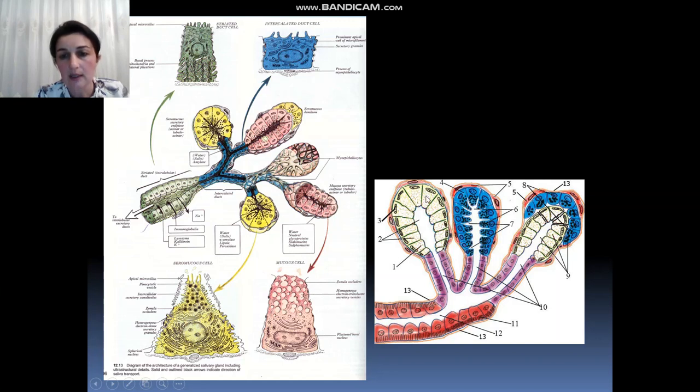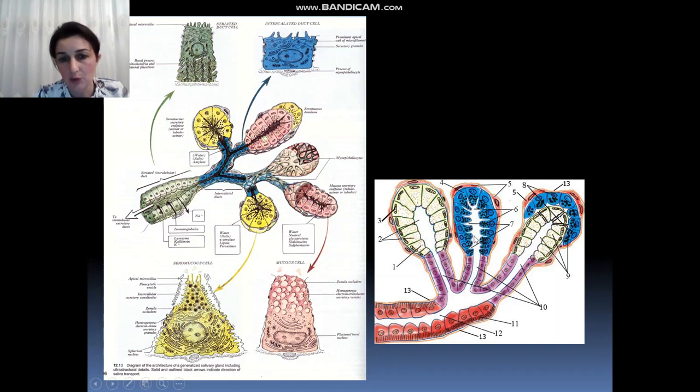Mucous cells are larger than serous cells, and their general structure is almost the same. Their shape is a truncated pyramid, but the nuclei have a flattened shape and are located at the basal region.